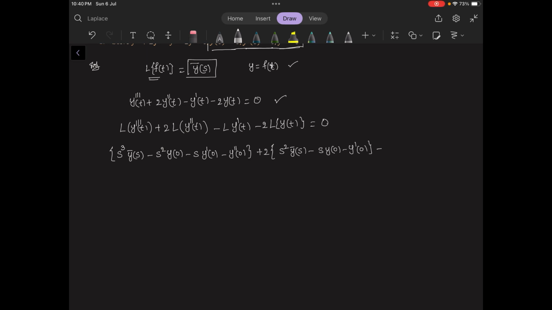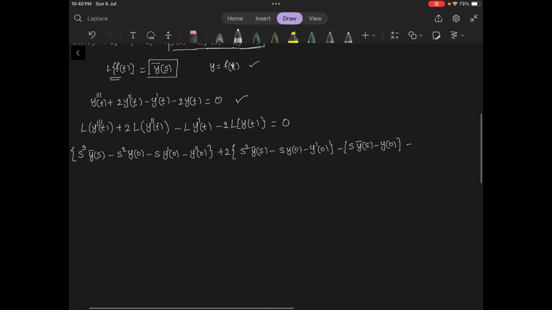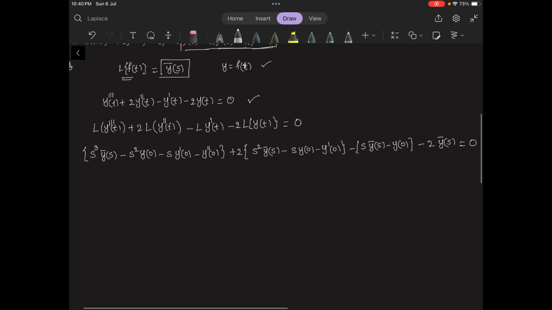Next for the third term, minus, it should start with s into y bar of s minus y of 0. Minus 2 into L of y of t can be written as y bar of s, is equal to 0. In this way we will apply the formula.